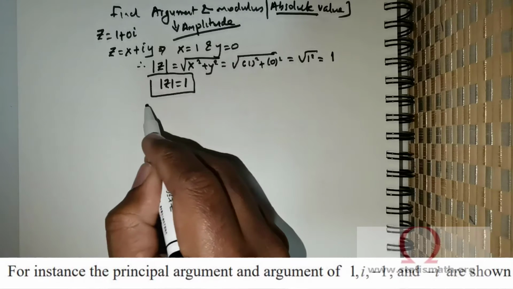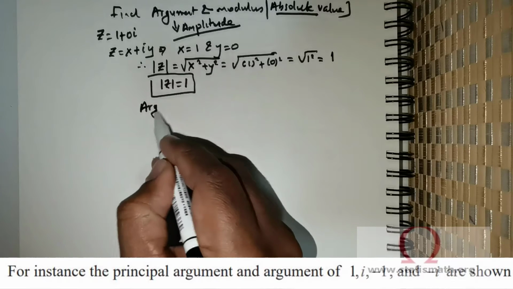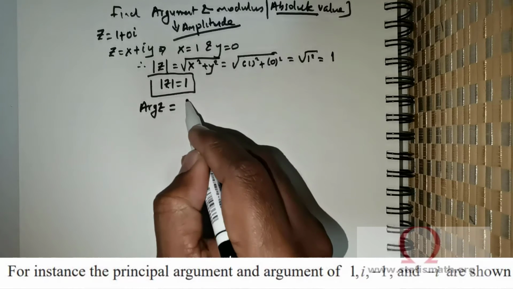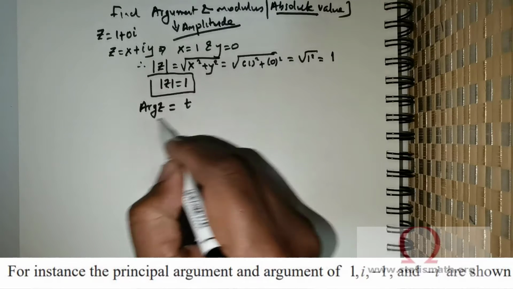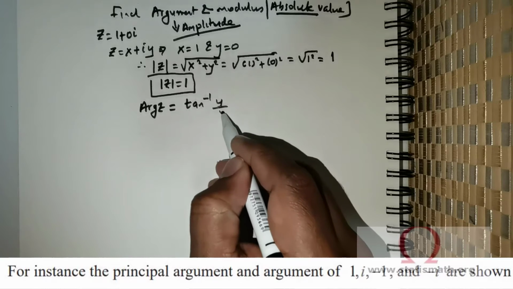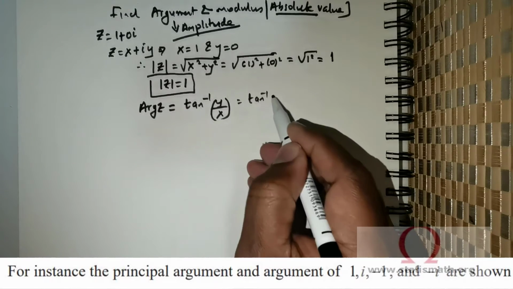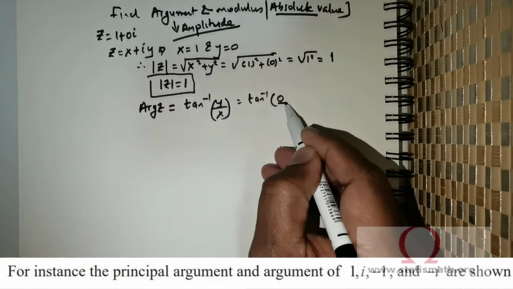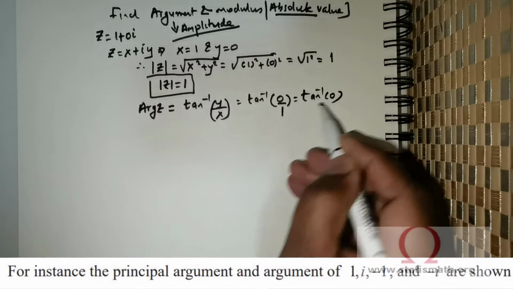And now we are expected to find the argument. Now the argument of the complex number z is given by, actually we have a formula, tan inverse of y divided by x. Now this is going to be equal to tan inverse of, my y is 0 but my x is 1, so this is going to be tan inverse of 0.